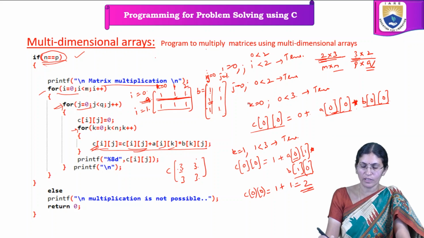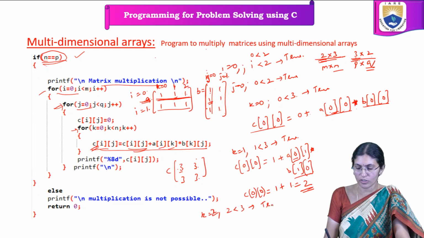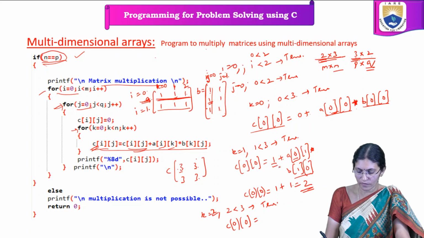Now again k value will be incremented by 1. Now k is equal to 2. 2 is less than 3, so this condition is true. So again C of 0, 0, this value is equal to 2 now. Now this is A of 0, 0.